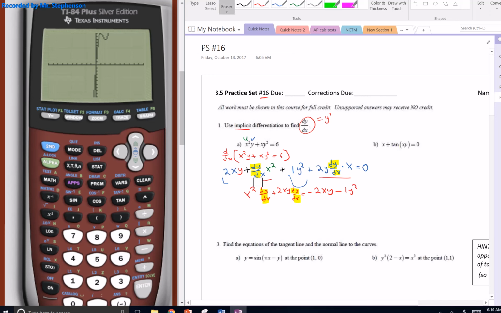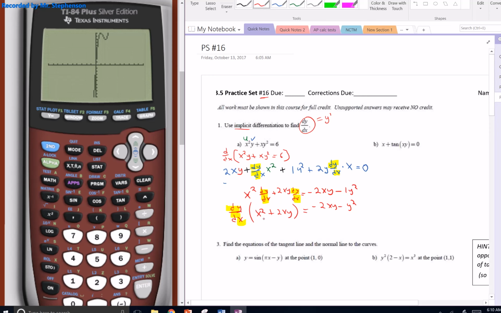So let's now factor out a dy/dx. That's why we got them all on the same side. Our right-hand side is not going to change for this. If I factor out a dy/dx, what's left? Well, this x squared is left, and there's a 2xy that's left.